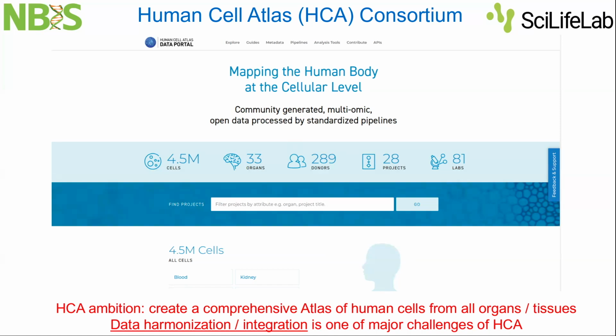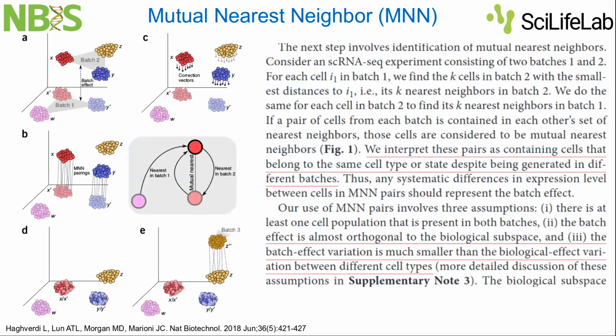And so some analysts like Rahul Satija and John Marioni, etc. started thinking how to solve this data harmonization problem and came up with a few methods.